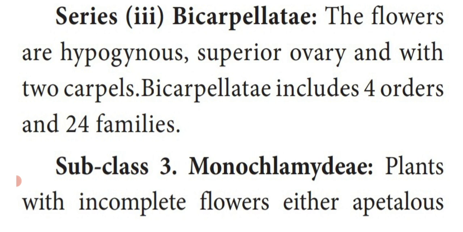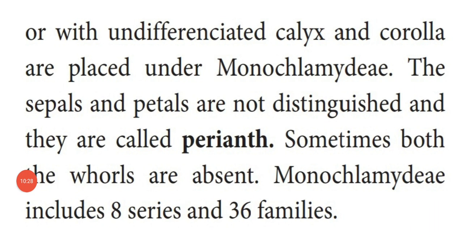That is said to be monochlamydeae. I already told you in the previous video class, writing short notes on monochlamydeae is an important 3-mark question. Dear students, see the line: the flower is undifferentiated into calyx and corolla. It is known as monochlamydeae.